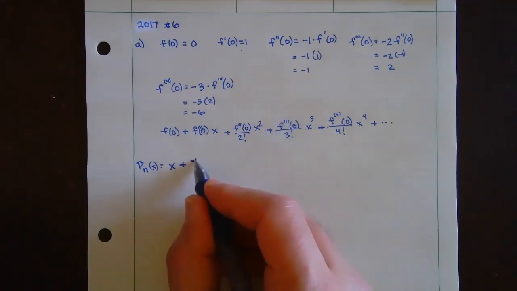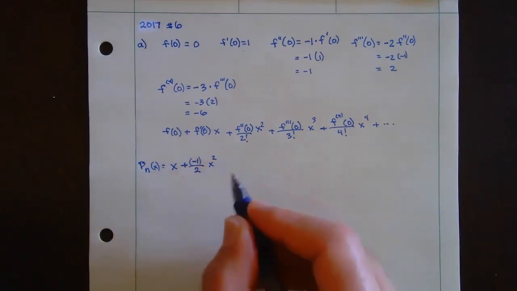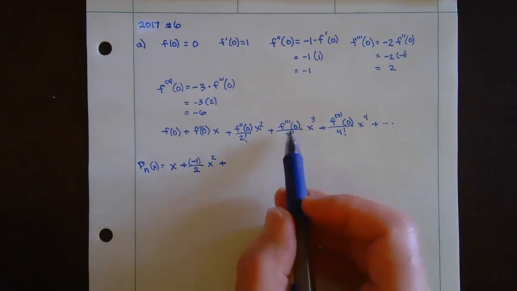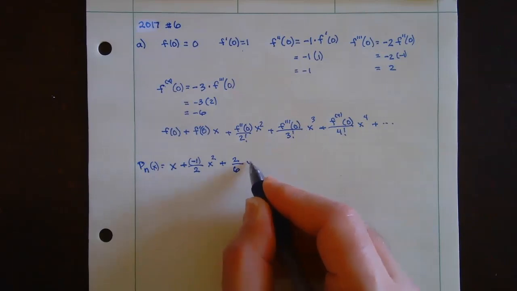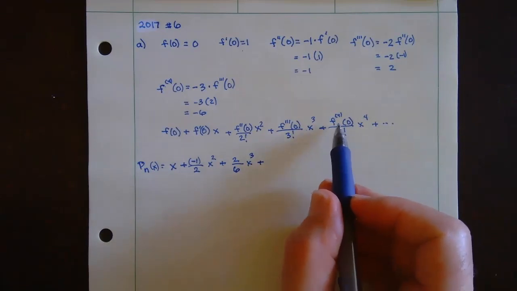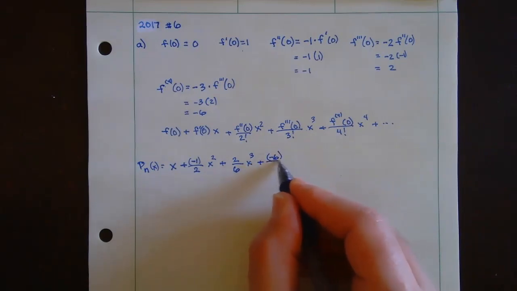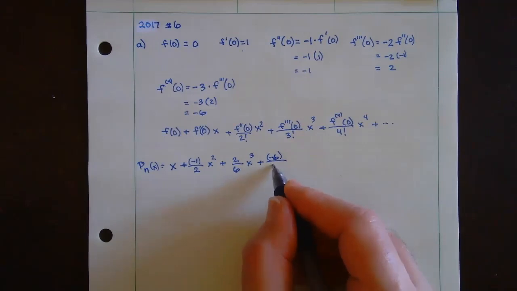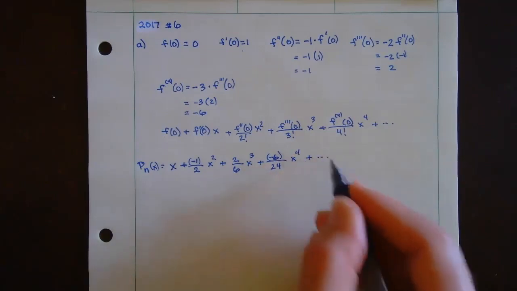So this would be negative 1 over 2 factorial, which is 2 x squared, and then plus, and f triple prime of 0 is 2 over 3 factorial, which is 3 times 2 times 1, which is 6 x cubed, and then plus, and then the fourth one is negative 6. The fourth derivative at 0 is negative 6 over 4 factorial, which is 4 times 3 times 2, right? And that would be 24 x to the fourth, and then plus dot, dot, dot, okay?